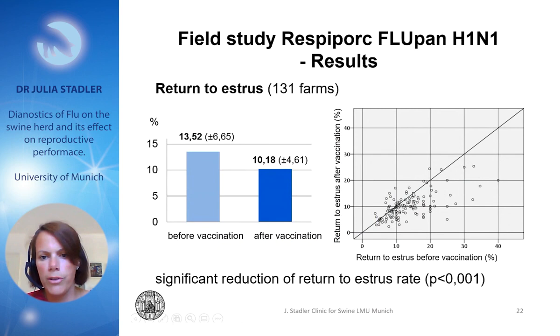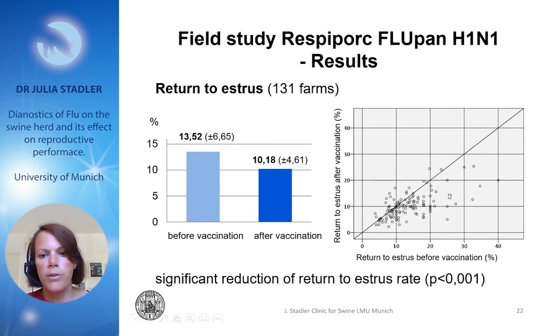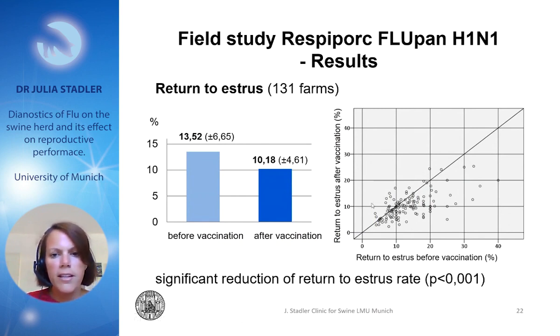No change of the return to estrus rate was observed in farms that are situated directly on the diagonal. In farms below the diagonal, the return to estrus rate decreased after vaccination, and in farms above the diagonal, the return to estrus rate increased.